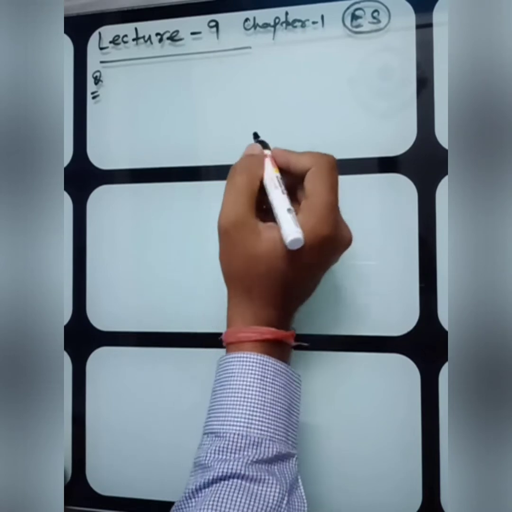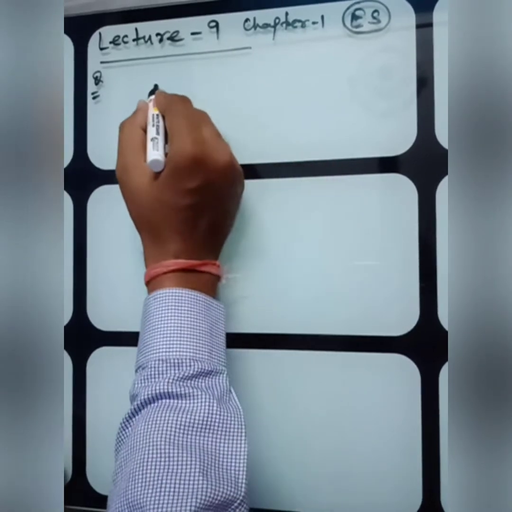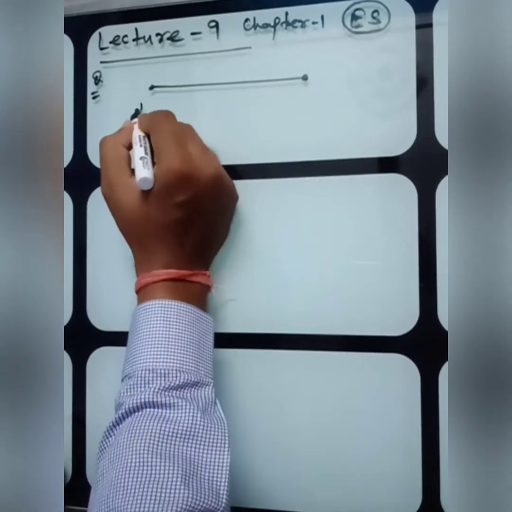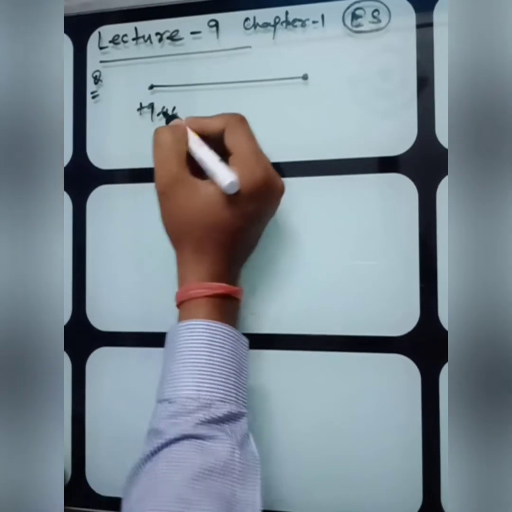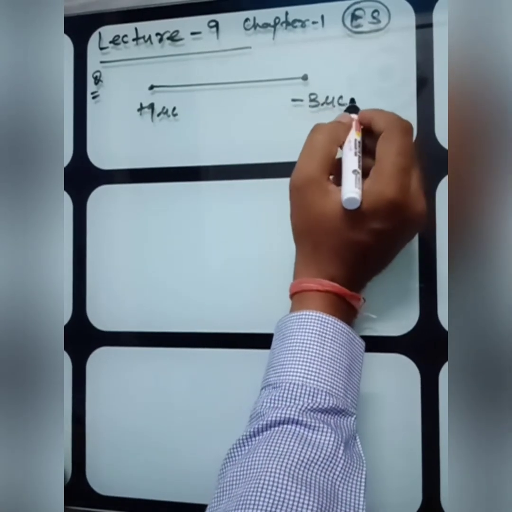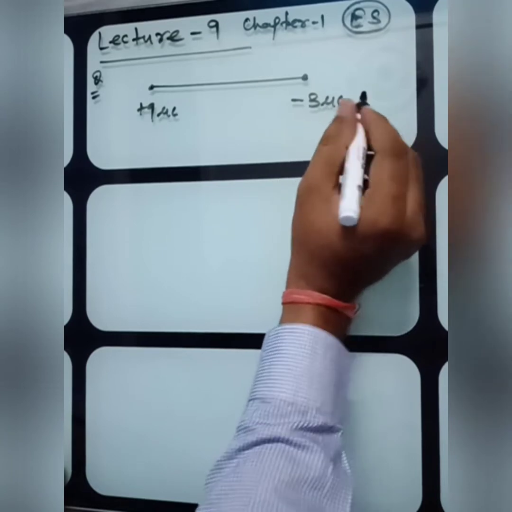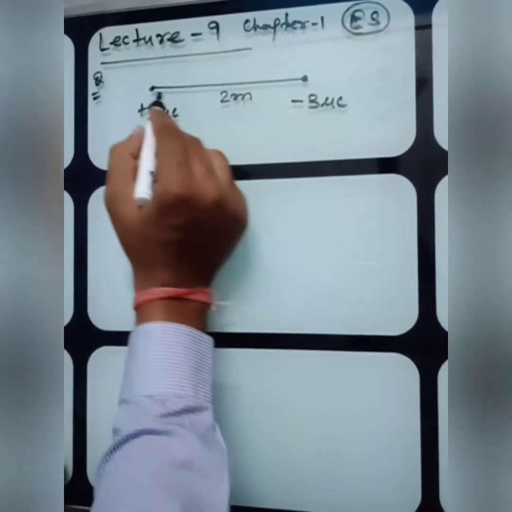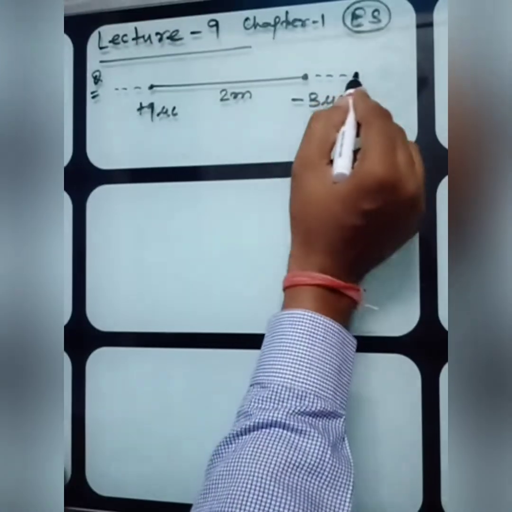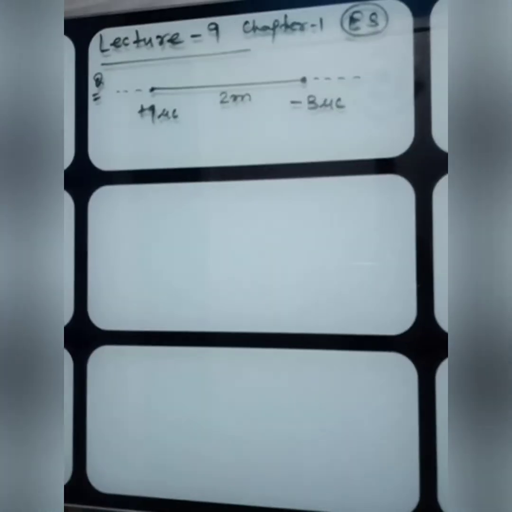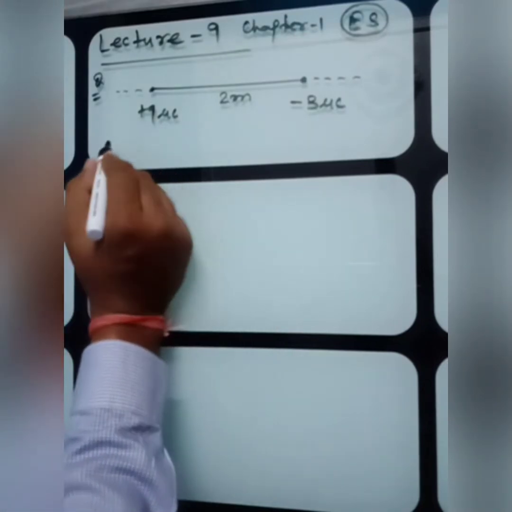In a similar way, today we are going to find out, if you have two charges, say 9 microcoulomb and minus 3 microcoulomb, separated by a distance of 2 meters, with this one positive and this one negative, then the question is asking, on the line joining these two charges, at which point the net electric field will be 0. Okay students, try to solve this question.